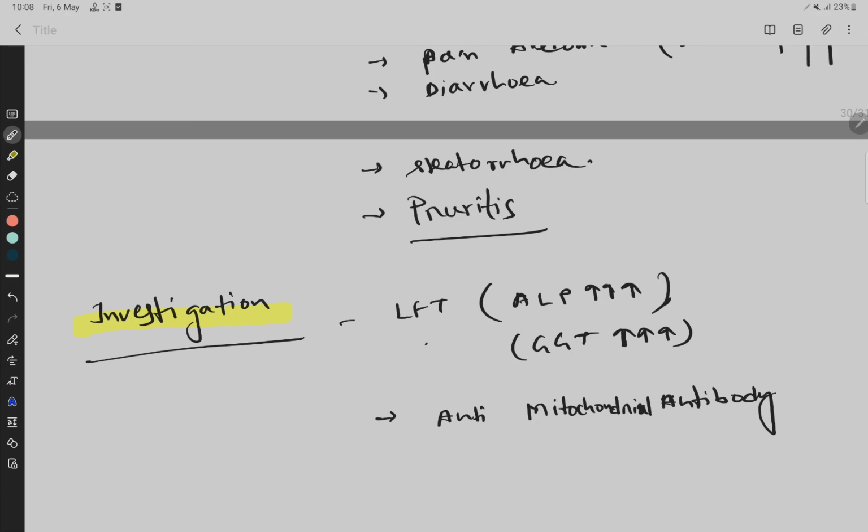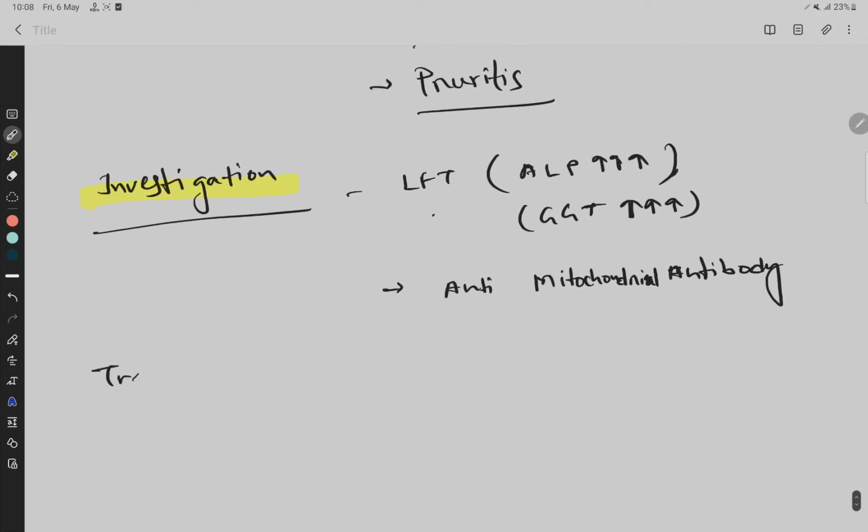Antimitochondrial antibody is seen. And last, treatment.